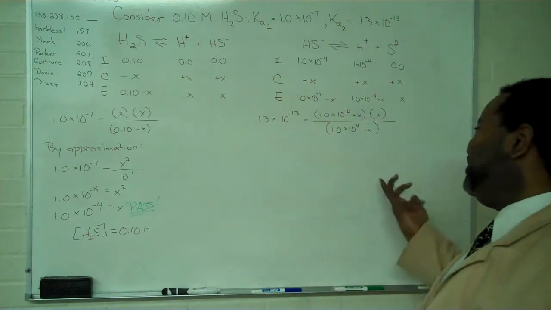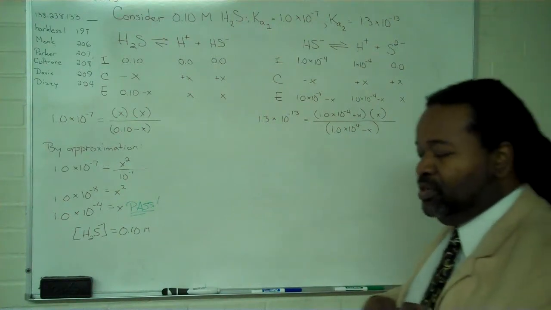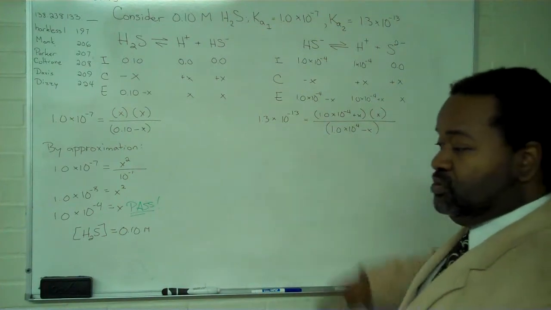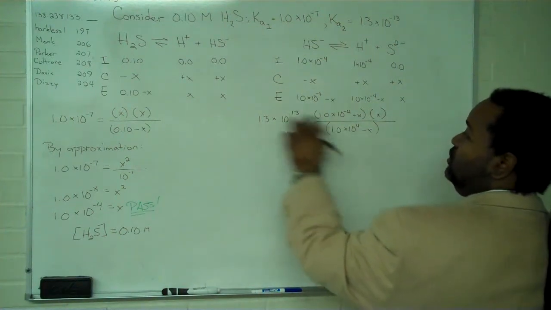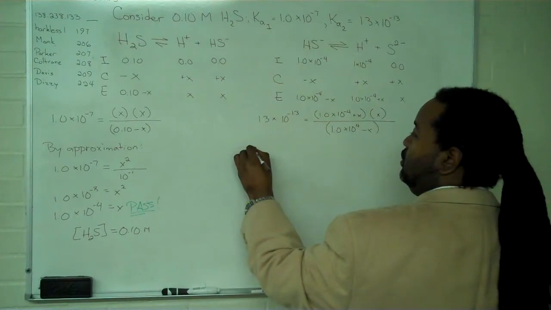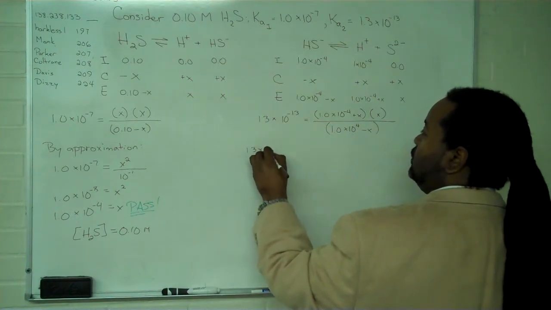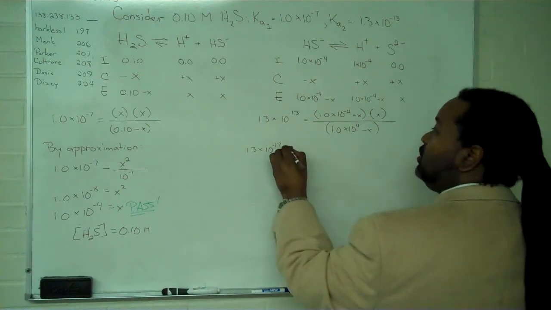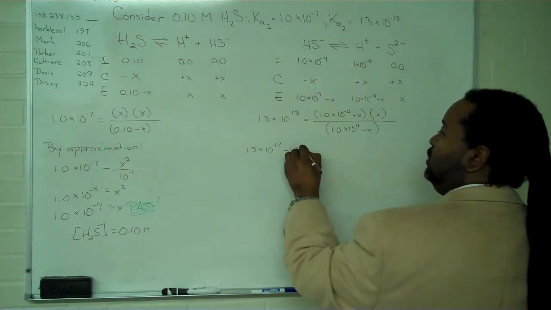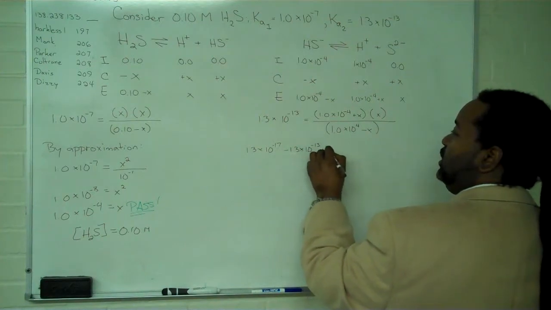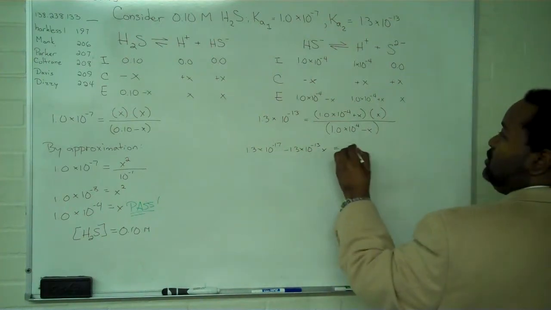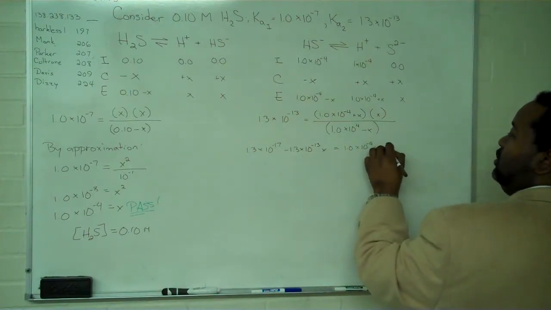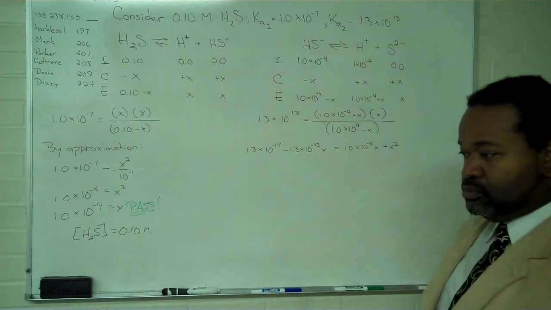And so now it gets a little more challenging to worry about all of the tips and tricks with approximations. So we can just do this using the quadratic formula. So I'll multiply through here, getting 1.3 times 10 to the minus 17 minus 1.3 times 10 to the minus 13 x, and this is going to equal 1 times 10 to the minus 4 x plus x squared.